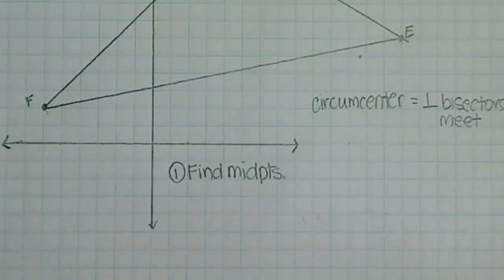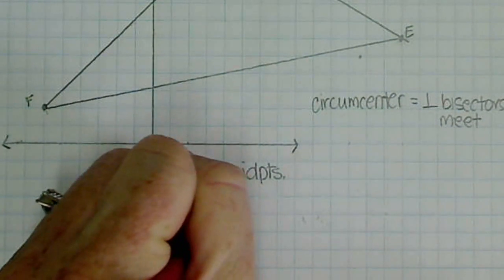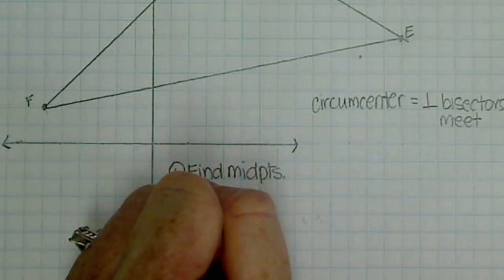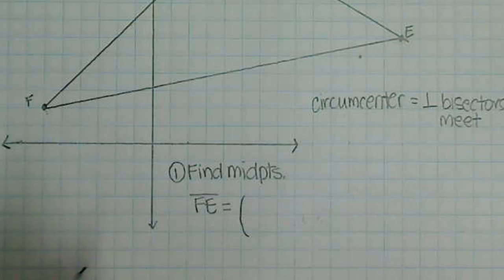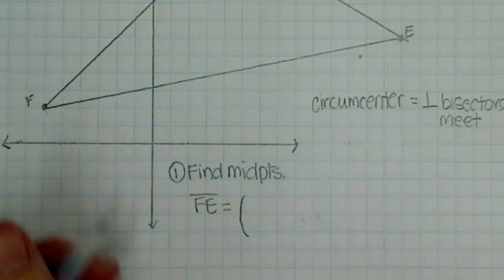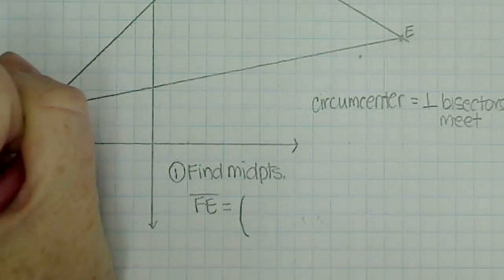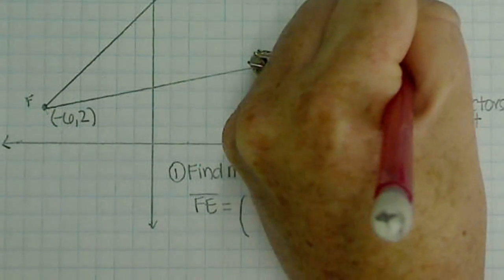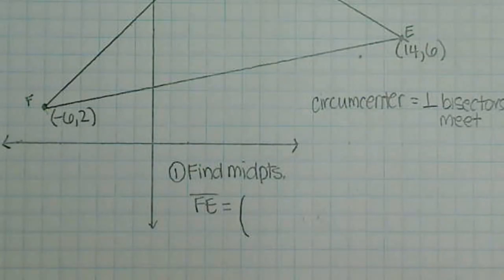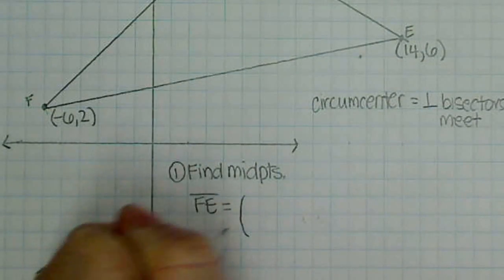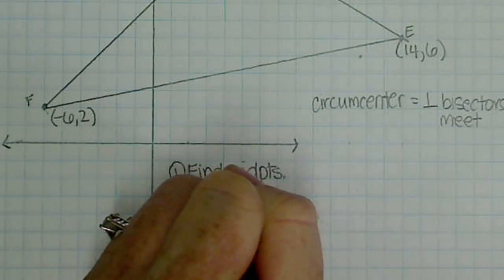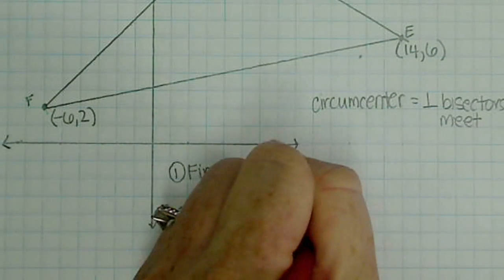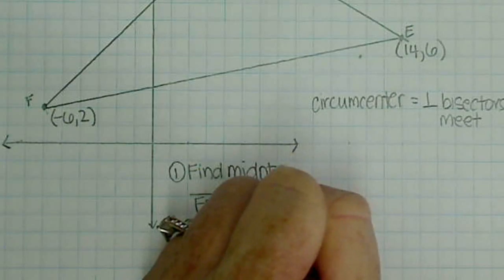So let's do FE first. FE, our midpoint formula, says to take both of our points, and F is -6, 2, E is 14, 6, and we're going to take our x's and average them, and take our y coordinates and average them.